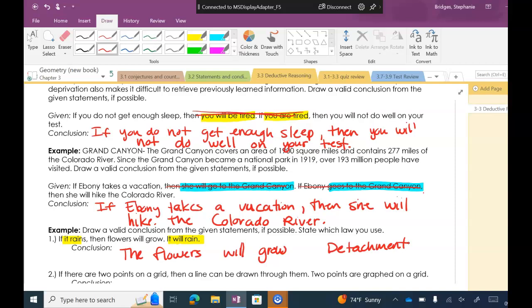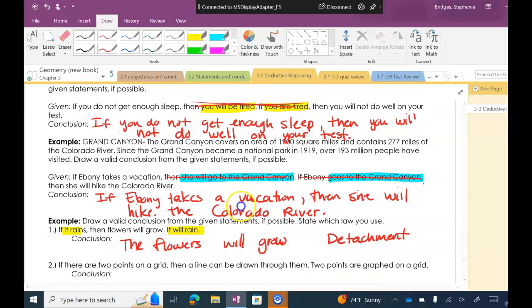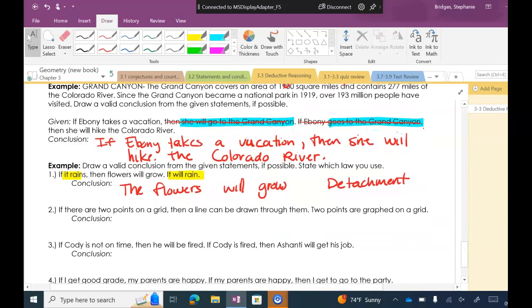If it's 2 if-then statements, the conclusion of the first has to match the hypothesis of the second in order to make a valid conclusion. They may not be word for word, but if they're talking about the same thing, just the words tweaked a little bit, then you can make a valid conclusion.